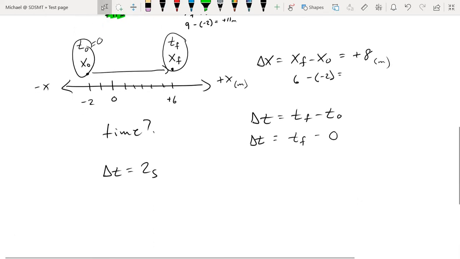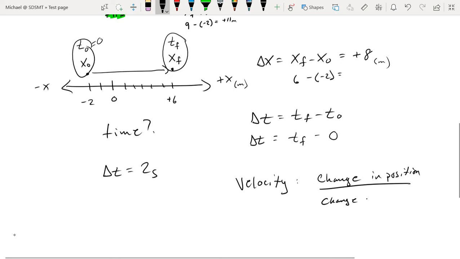Okay, that brings us to our next definition. What is the velocity of this object? And velocity is going to be change in position over change in time.